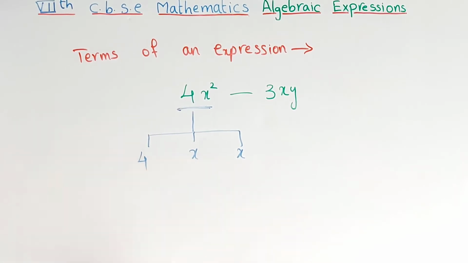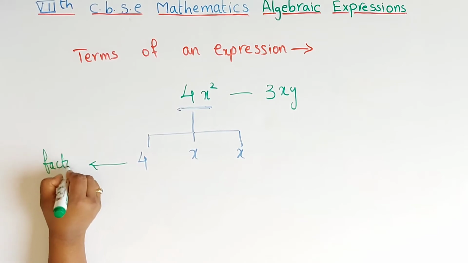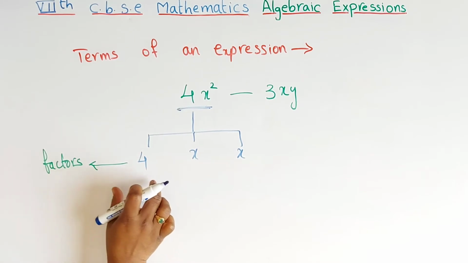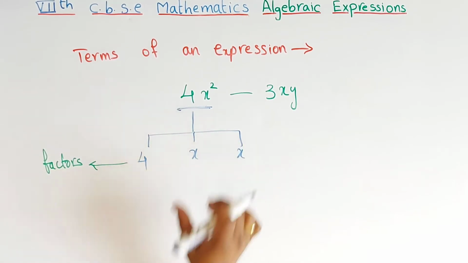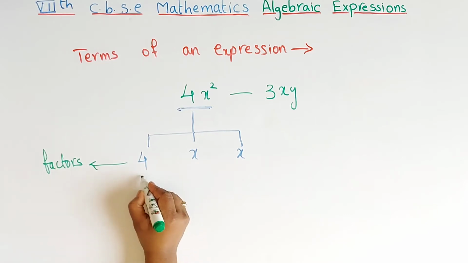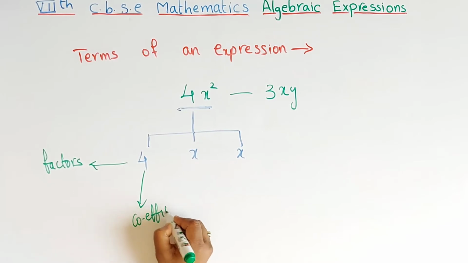Now these three are called factors of this term. What are the coefficients? The numerical factor is said to be the coefficient of this term, children. Here what is the numerical value? 4. 4 is the coefficient of this term.